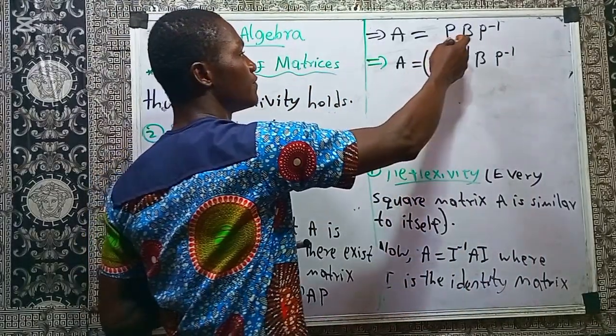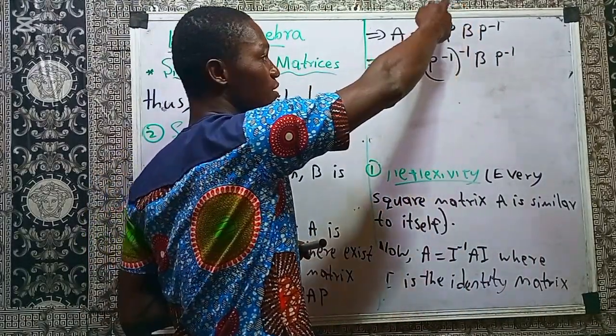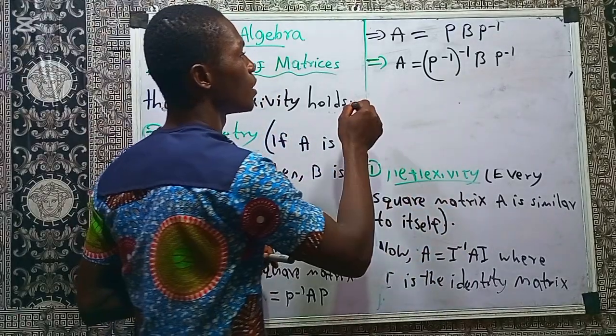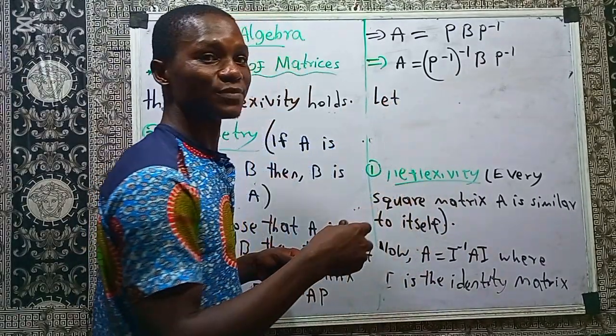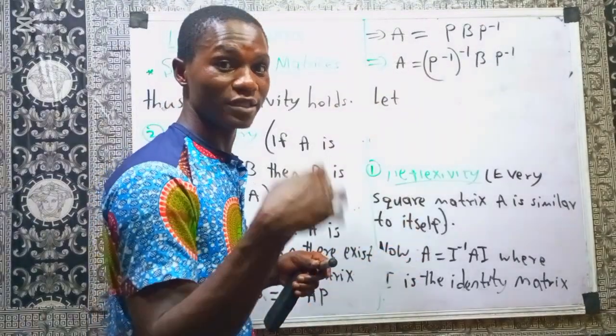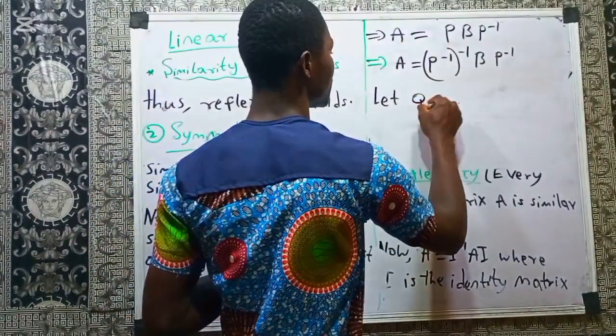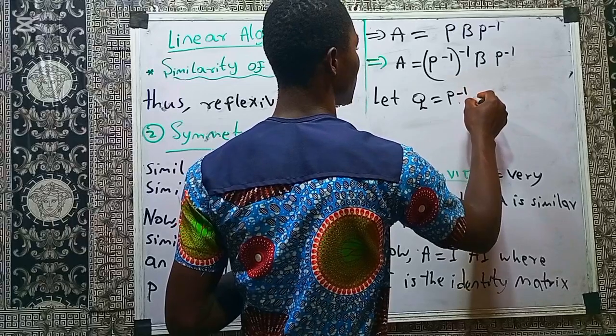You know, the inverse of P inverse will give you the same thing as P, right? So for us to proceed, we are going to call P inverse Q, because the inverse of P will give another matrix, right? Let Q be equal to P inverse.